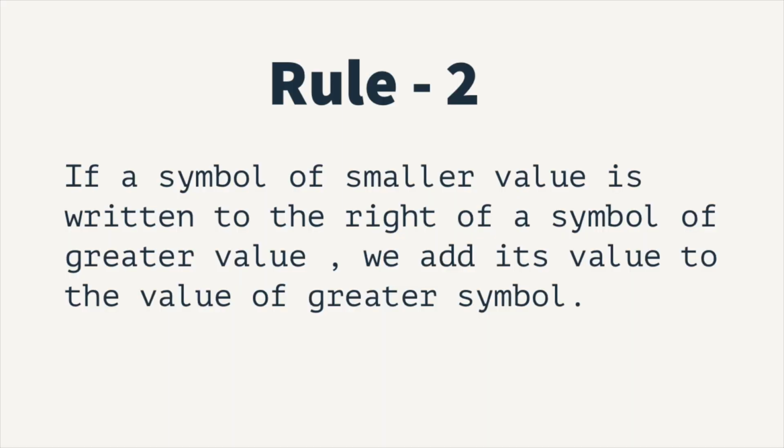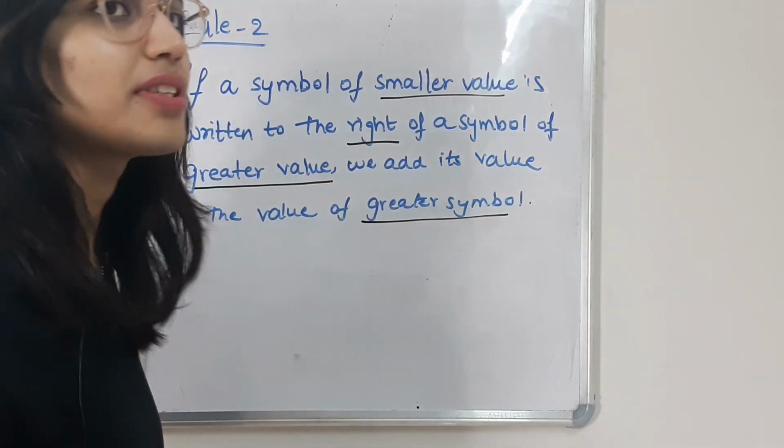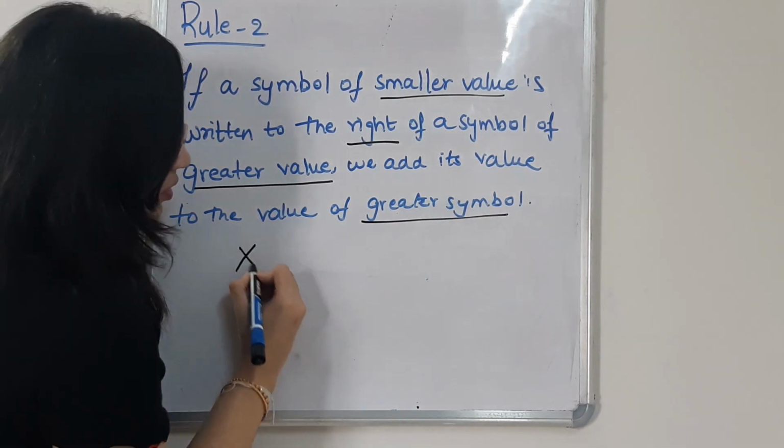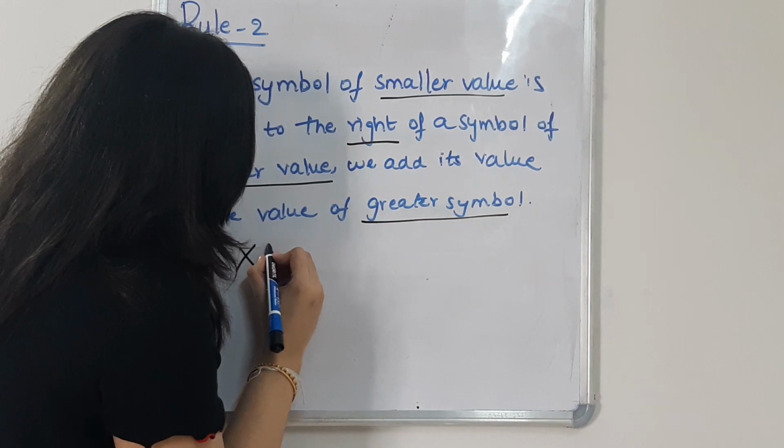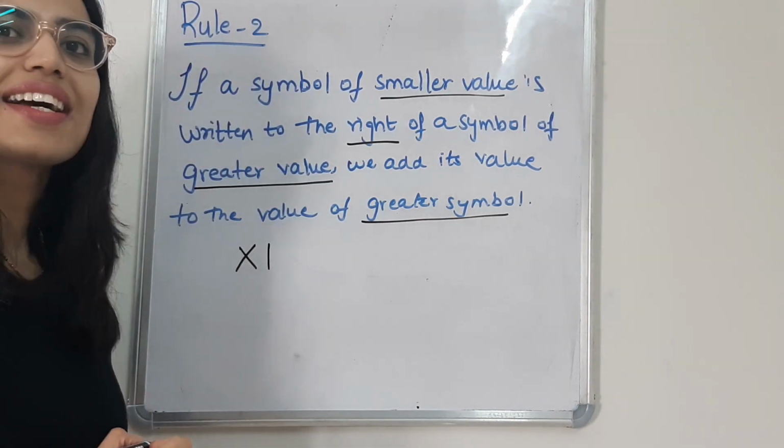Rule 2 says that if a symbol of smaller value is written to the right side of a symbol of greater value, then we add its value to the value of the greater symbol. Now let's see what this means. Suppose, what is this? This is 10. What if I add 1 beside 10?